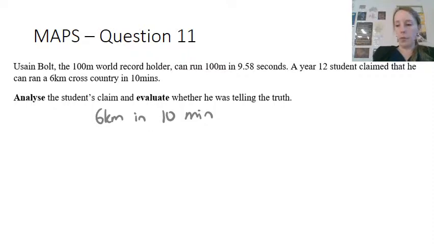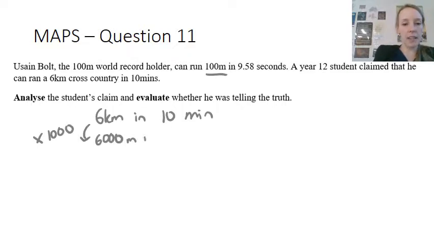So from there, I'm going to work out how many metres that is because Usain Bolt's record is in metres, not kilometres. So we know there's 1,000 metres in a kilometre, so I'm going to multiply by 1,000. So that's 6,000 metres in 10 minutes. But Usain Bolt's record isn't in minutes, it's in seconds.